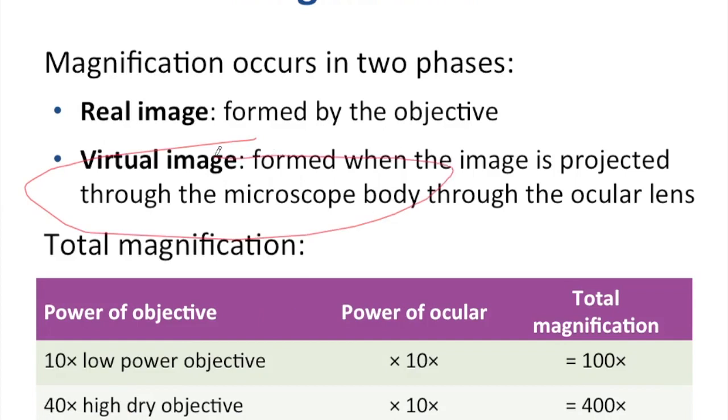When we calculate the magnification, both lenses contribute. For example, if the objective lens has 40 magnification and the ocular lens has 10 magnification, totally we have 400.